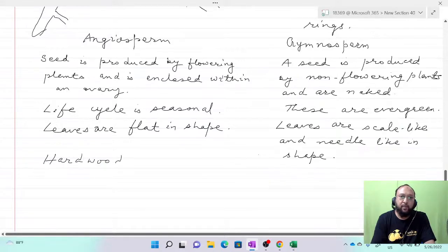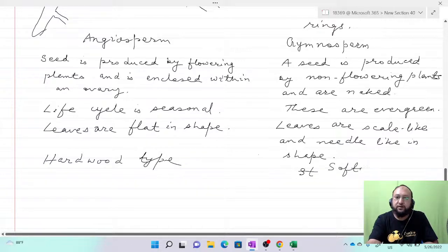In angiosperms the wood is very hard, the stem is hardwood type, and here in gymnosperms it is softwood type.